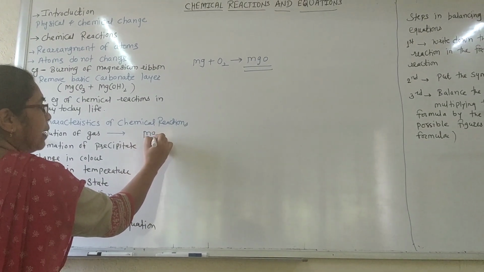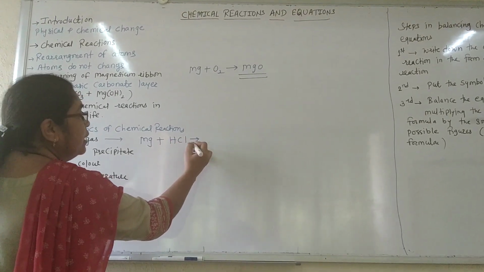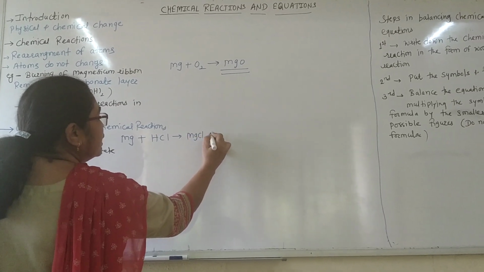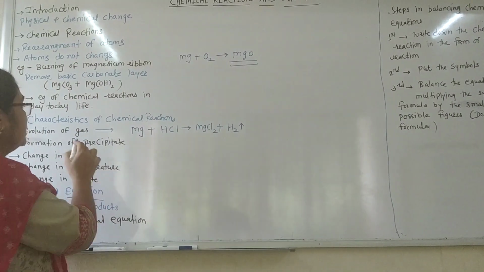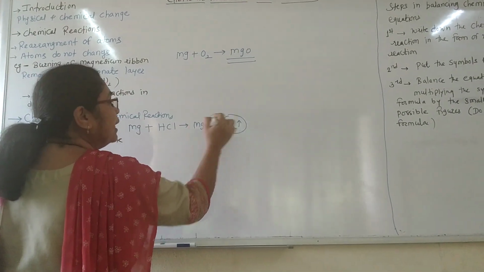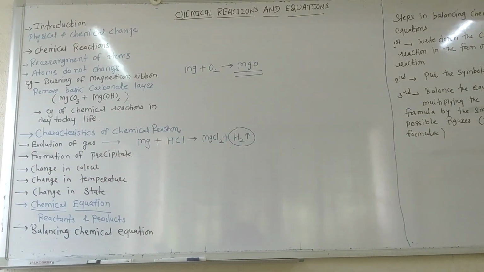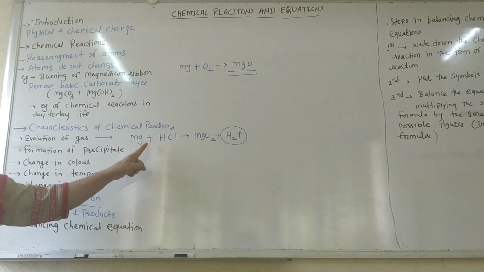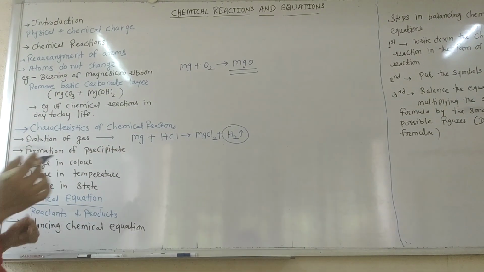Suppose we take magnesium, when it combines with hydrochloric acid, it gives magnesium chloride plus hydrogen gas. Here the gas evolved during the reaction is hydrogen. Here only one change is observed in the reaction. We can take a few more examples for this.